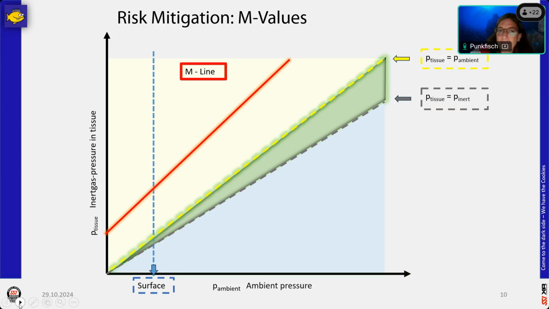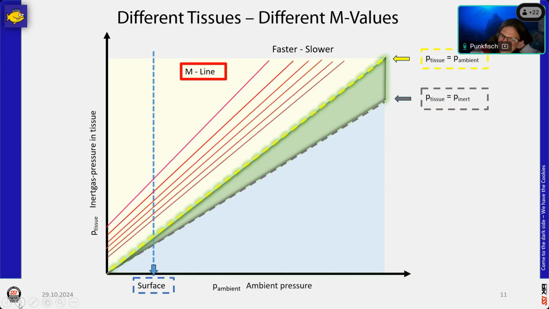And this is as well why there are always ideas about how to modify this model or make this model probably a little bit safer. But let's first see, as we have seen before, we don't only talk about one tissue or one compartment, we talk about 16, which represent in a quite reliable way the human body.